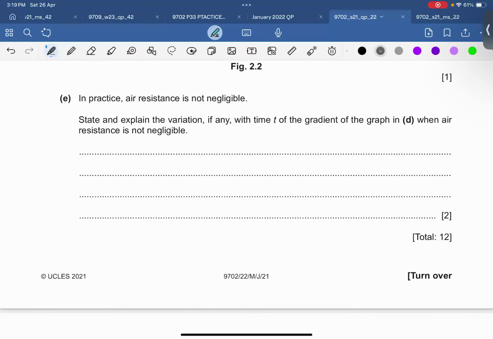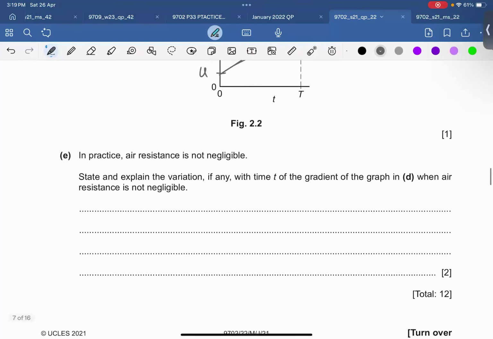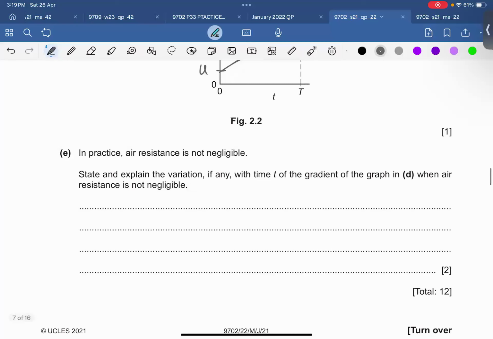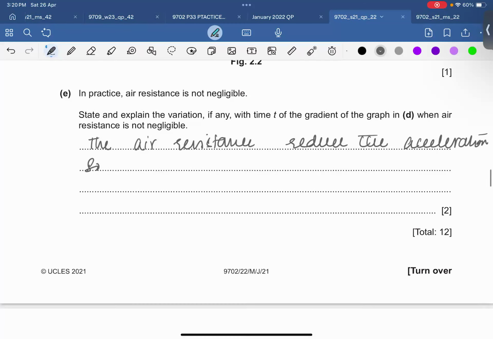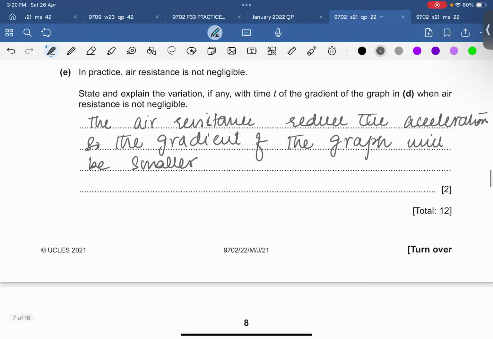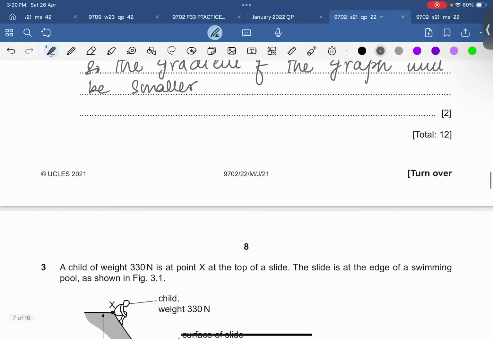So we are saying that the air resistance reduces the acceleration, so the gradient of the graph will be smaller. When the gradient of the graph is smaller, the acceleration will be smaller, and that is enough.